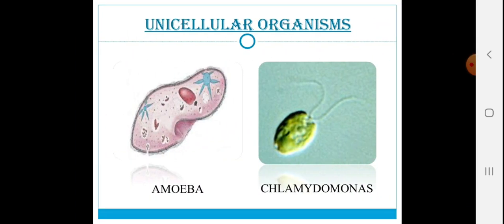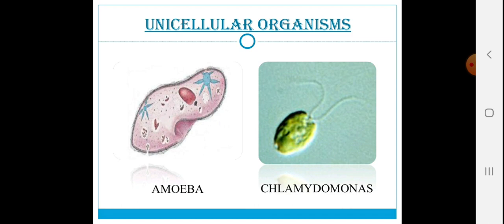Let's see what unicellular organisms are. Break the word: uni plus cellular. Uni means single, cellular means cell. So organisms with a single cell are called unicellular organisms. Here in the image you can see the figures of amoeba and chlamydomonas.